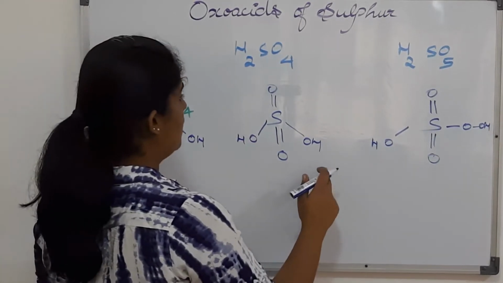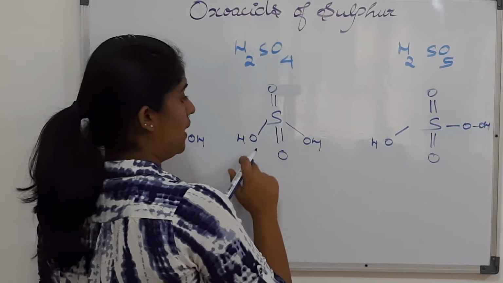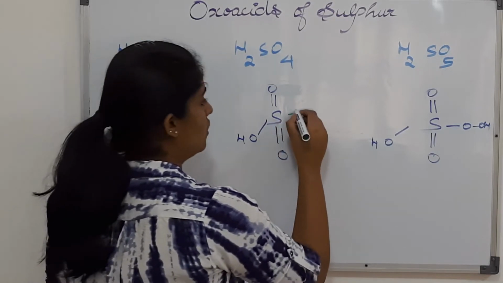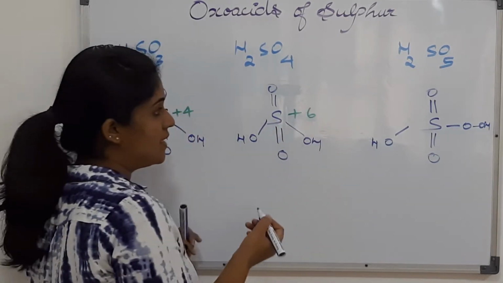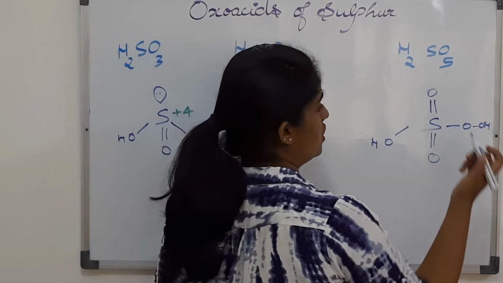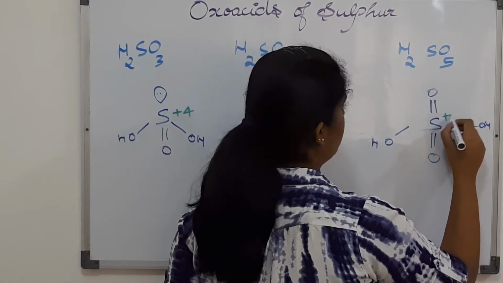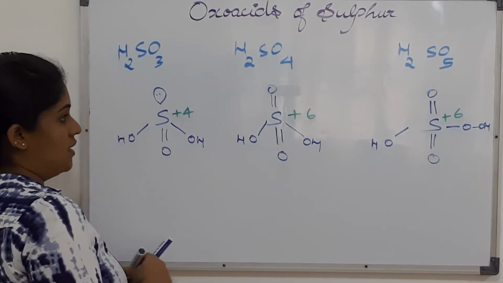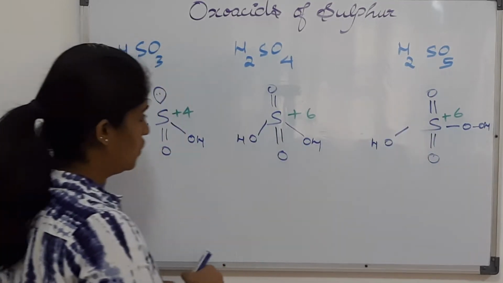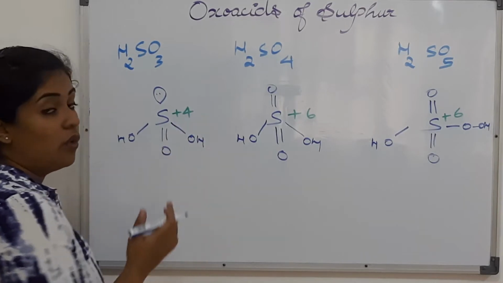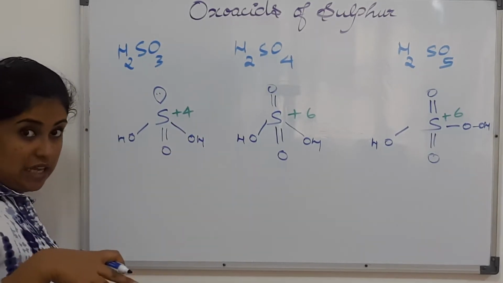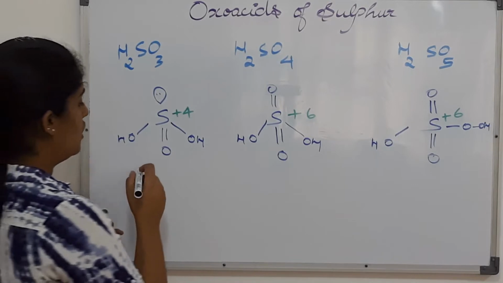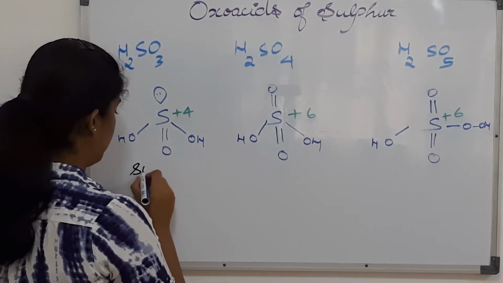Here it's -2, -2, -1, -1, so it's in +6 oxidation state. Similarly, here also you will see that this sulfur is in +6 oxidation state. So all of them are in +4, +6 and +6 oxidation states. And +4 is a lower oxidation state, so it will be OUS. So this one is sulfurous.